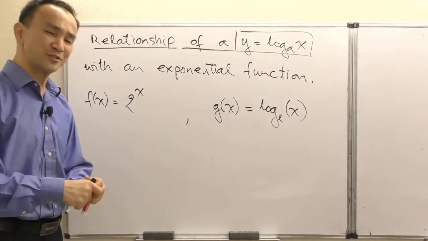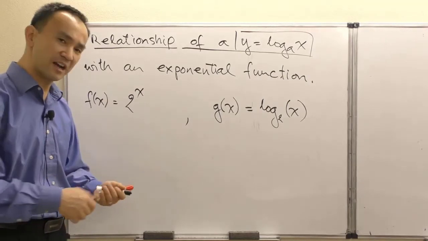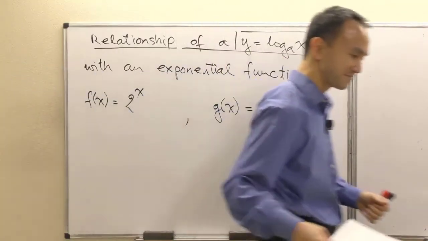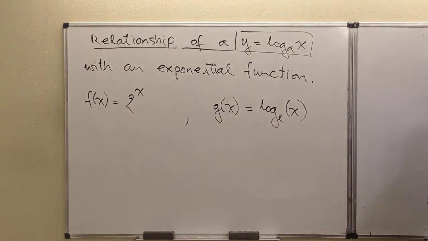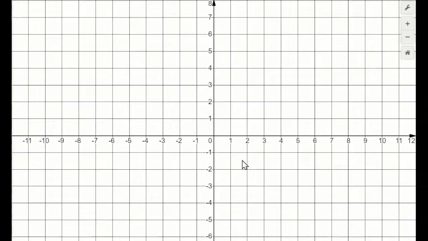All right, so in that case, let me swing over to my Desmos, the graphing utility that I'm using, so that I can show the graphs. All right, so this is my empty graphing space with Desmos. Just as I mentioned earlier, this is the graph for 2 to the x.